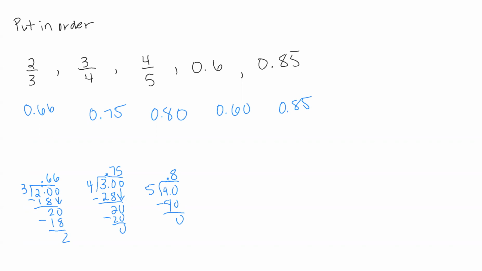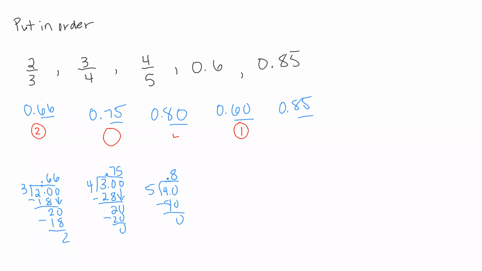Now we're just looking at these 2-digit numbers as if they were whole numbers. So of those, which is the smallest? Well, 0.6 is the smallest. So that's going to be my first number in line. Out of the numbers left, 0.66 is the next smallest, then 3/4 or 0.75, then 4/5 or 0.8.